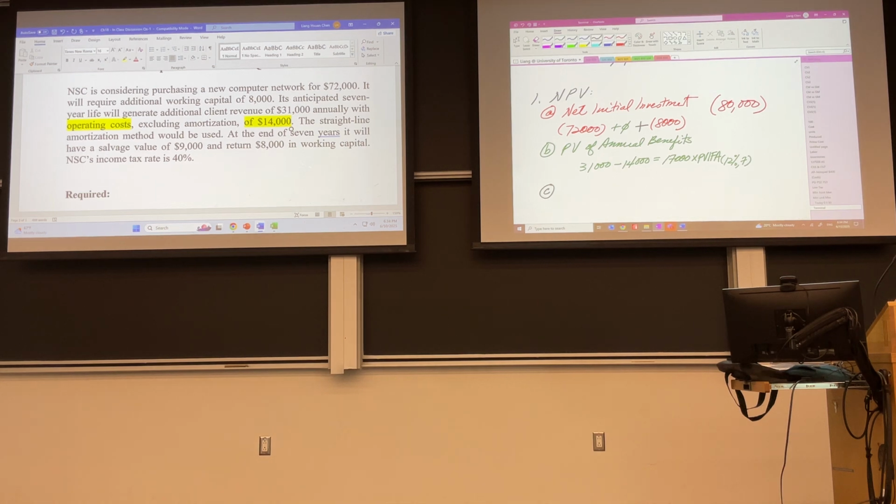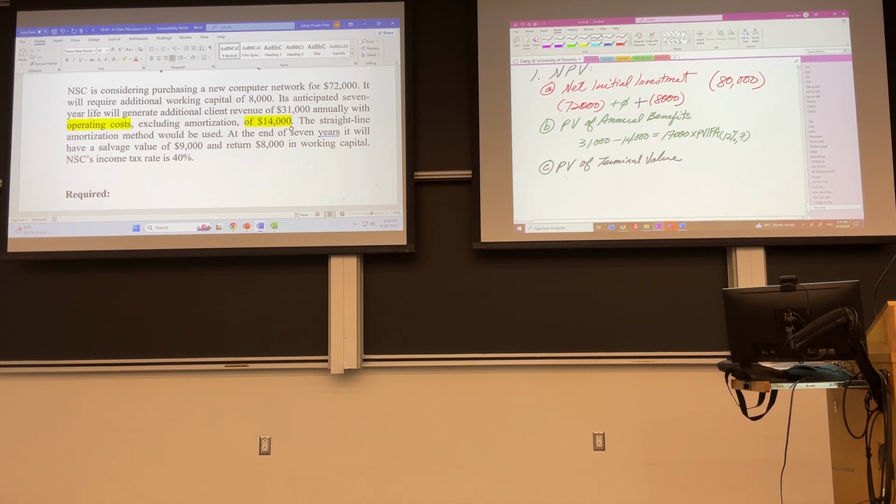Okay? So present value of terminal value. Okay? I have 1 and 2. Incremental residual value. New minus the old. New, I'm going to get 9,000. Old, I don't have an old, so $9,000. 2, reversal of working capital.